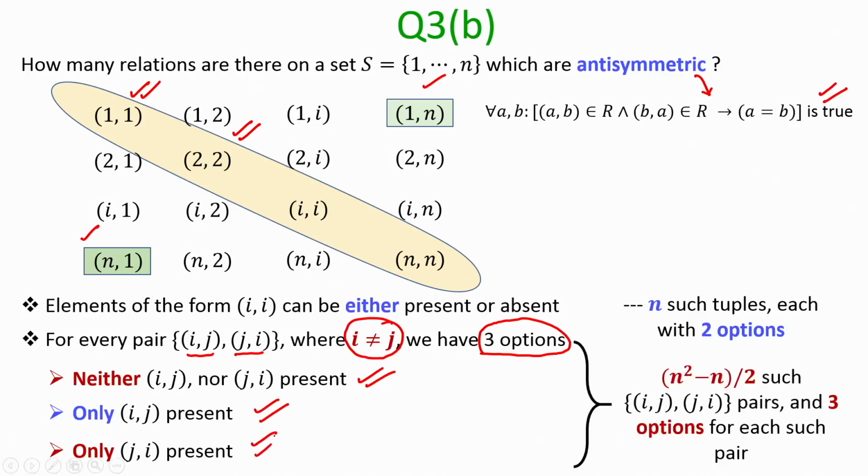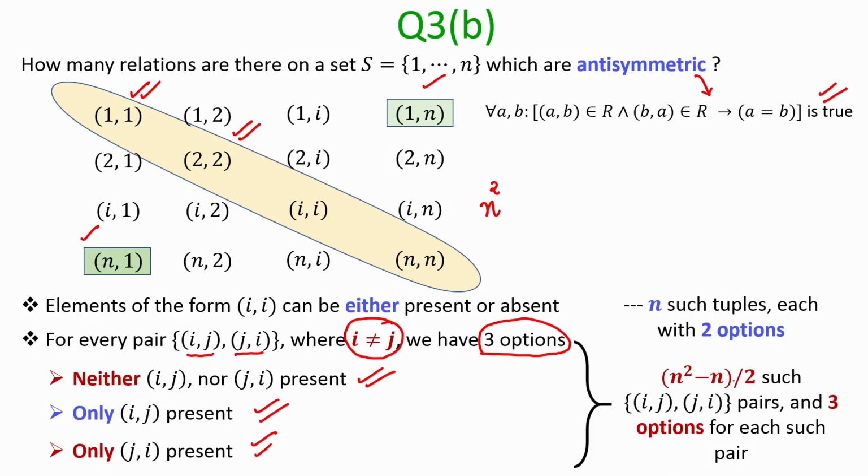Now, how many such (i, j) and (j, i) pairs do I have in this matrix where i and j are different? Well, I have (n square minus n) over 2 such pairs. This is because there are total n square ordered pairs, and from them I am excluding the elements along the diagonal. So, I am left with n square minus n elements, and if I pair them in the form (i, j) and (j, i) I have to divide it by 2.